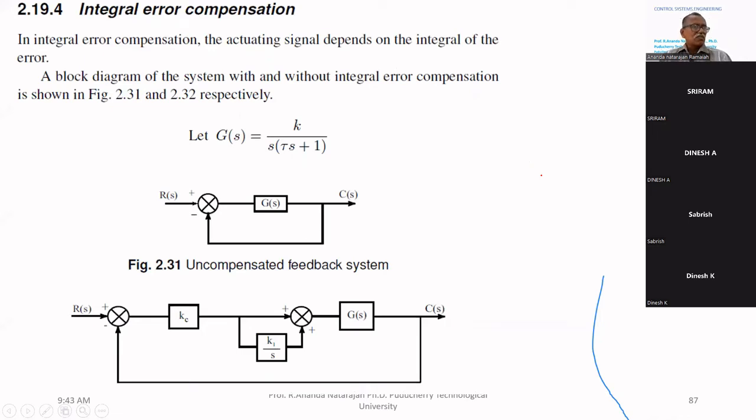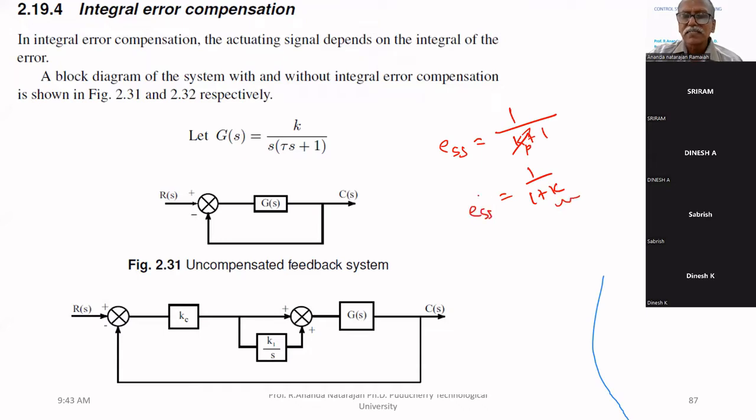The next compensation is called integral error compensation. Already we have seen that in proportional error compensation, if you increase K, the steady state error decreases: 1 by 1 plus Kp, as Kp increases, that is equal to 1 by 1 plus K, where K is the amplifier gain.